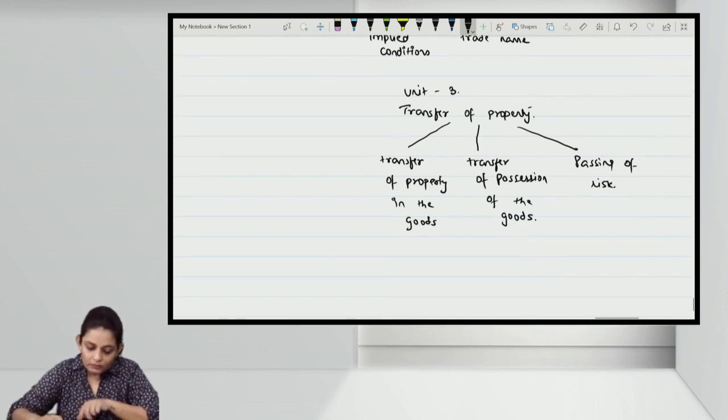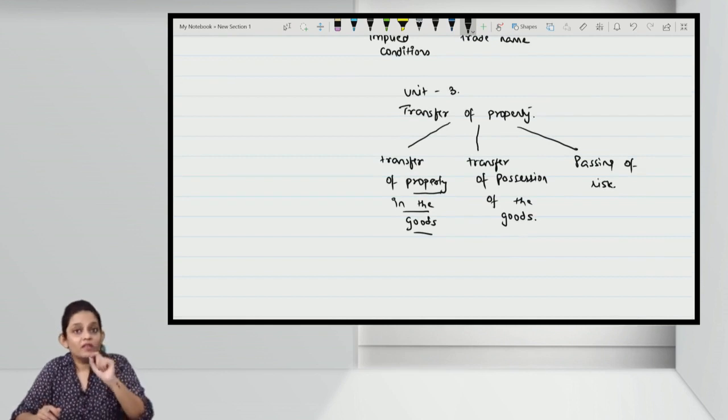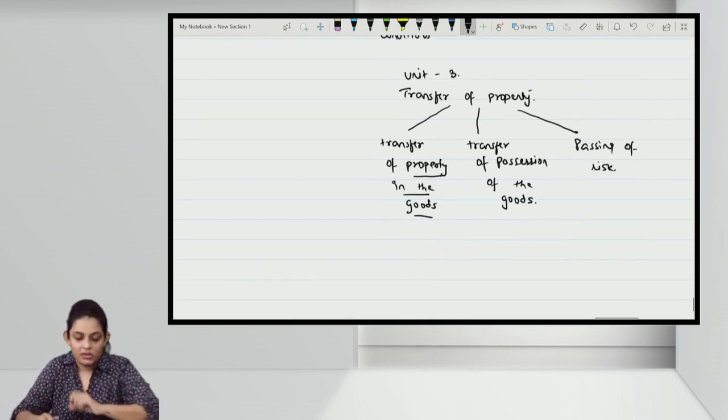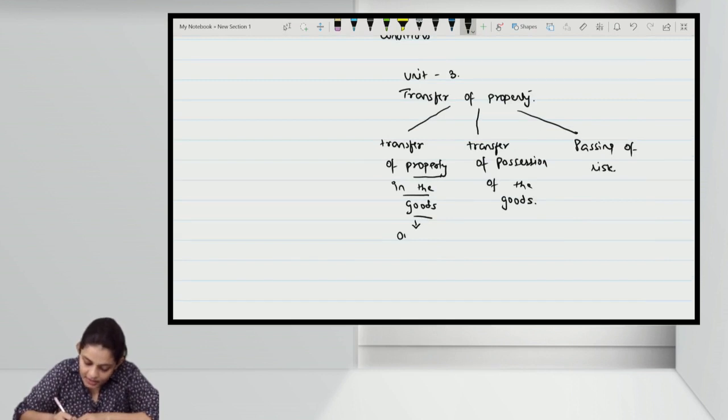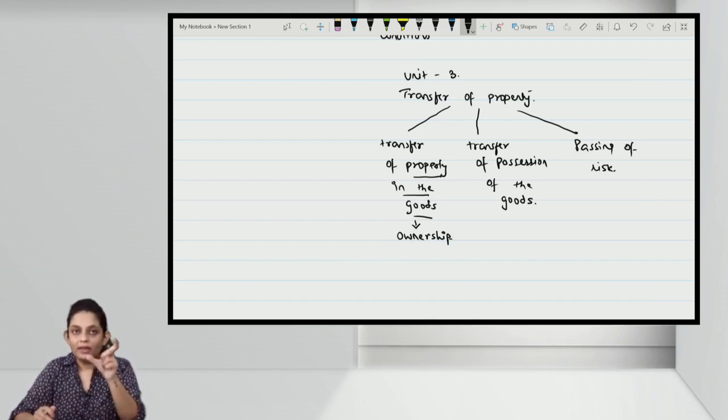Now, when I say property in the goods, I already told you in the first lecture itself for Sale of Goods Act that this phrase means what? Ownership of the goods, right? So the phrase property in the goods means the ownership of the goods.